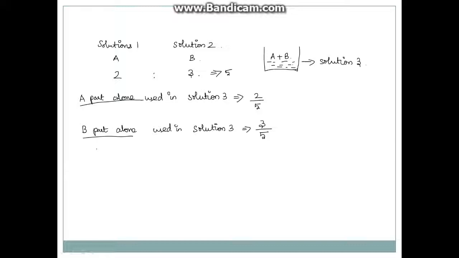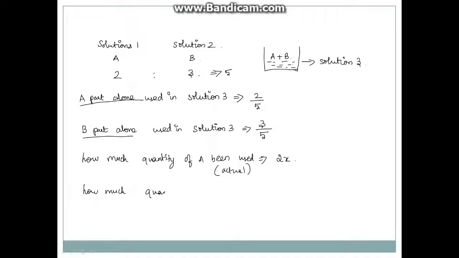Now my question is, how much quantity of A has been used? The actual quantity means you need to multiply by the constant x, so it is 2x. How much quantity of B has been used?